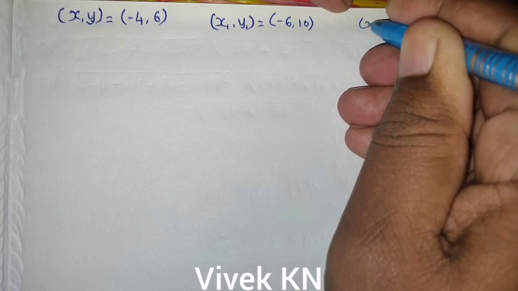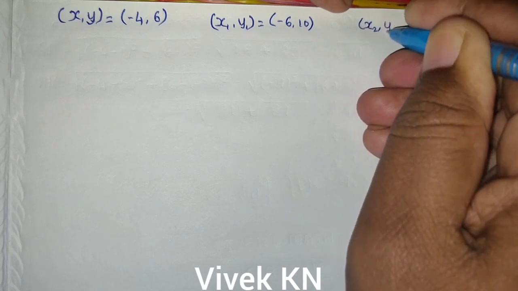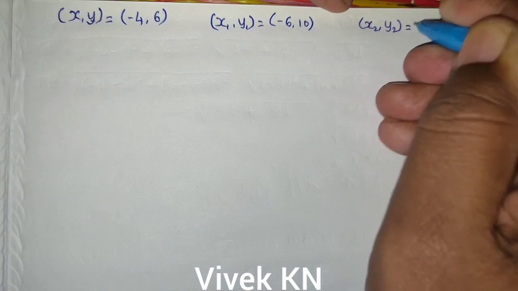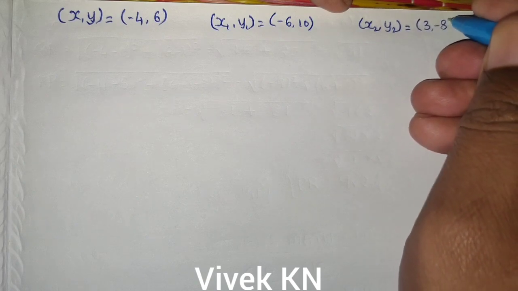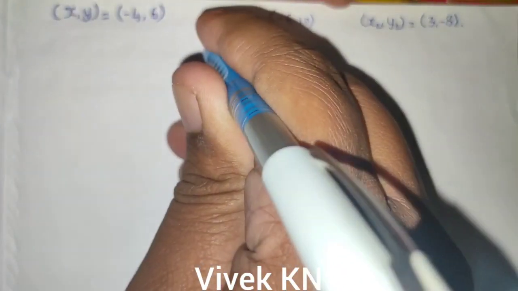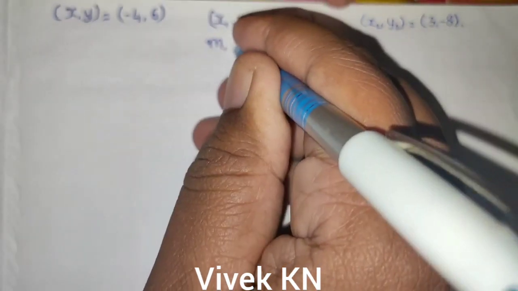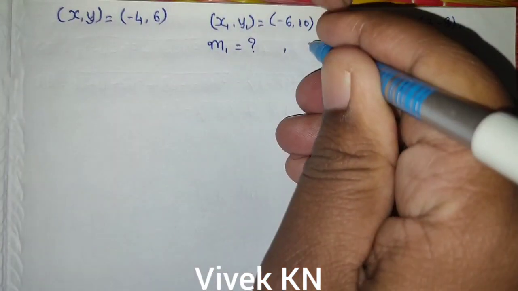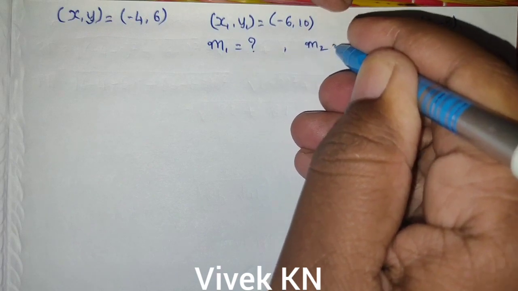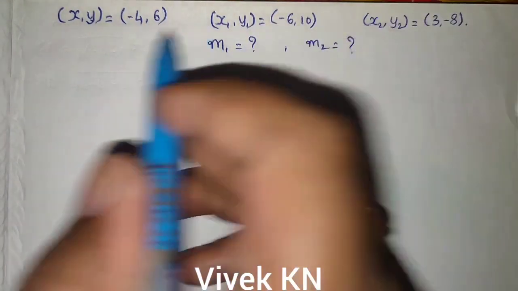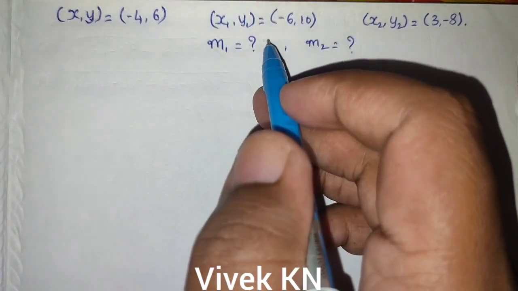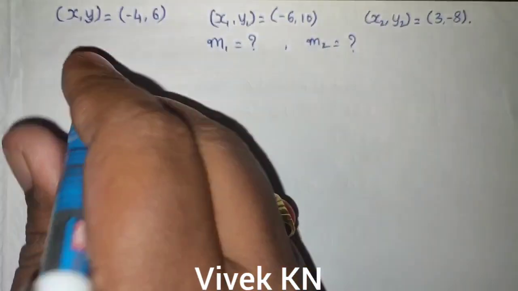The value of (x2, y2) is (3, -8). Here we have to calculate m1 and m2. Now let us substitute all these values in the section formula.